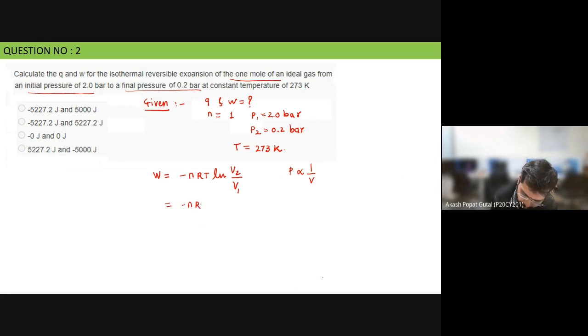So we keep the ln, and it will be P1 by P2 because it's inversely proportional. If you put in the values, it's minus 8.314 into 273 and ln P1 by P2, where P1 is 2.0 and P2 is 0.2.